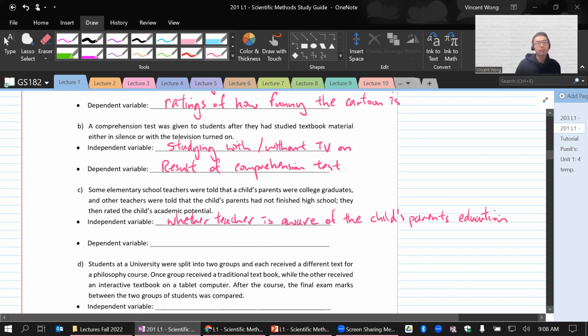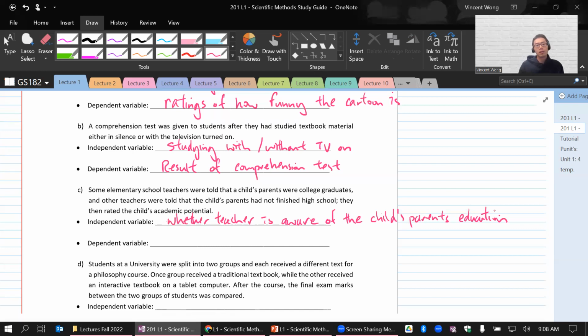Can we write here the parents' education, or do we have to mention whether the teacher is aware or not? Yeah, it's not just the parents' education. It's really about whether or not the teacher knows about it. Because what this scenario is trying to teach is whether the teacher will have a different perception of the student's potential based on their parents' education.